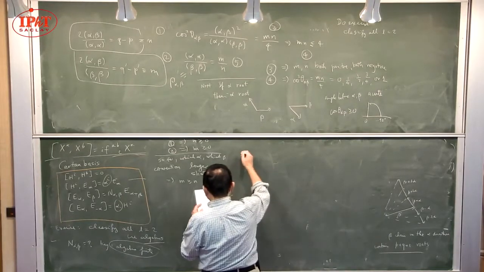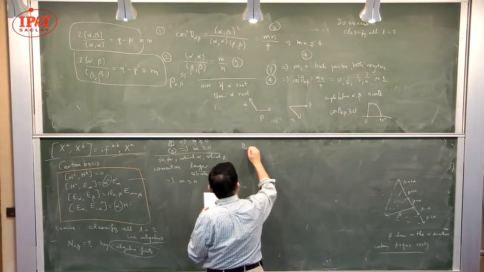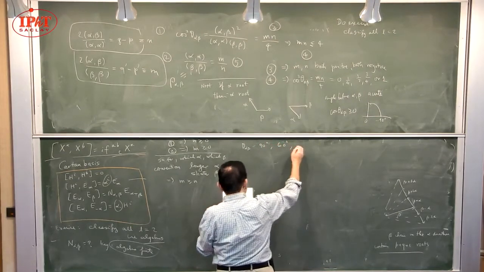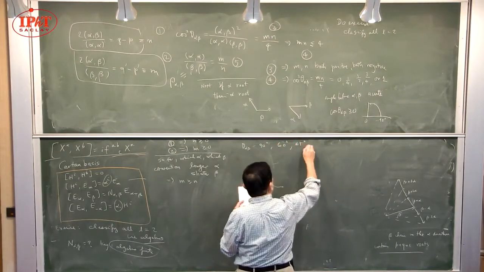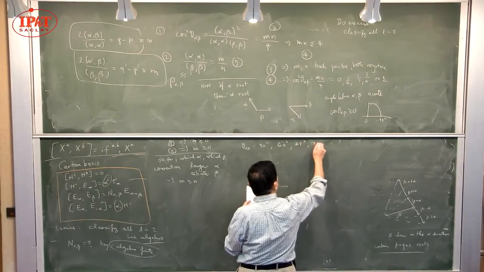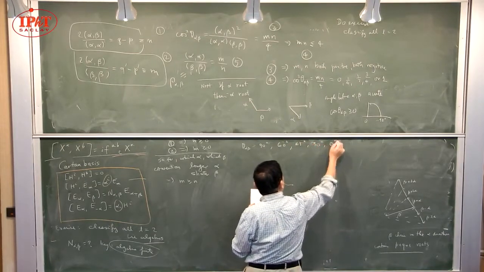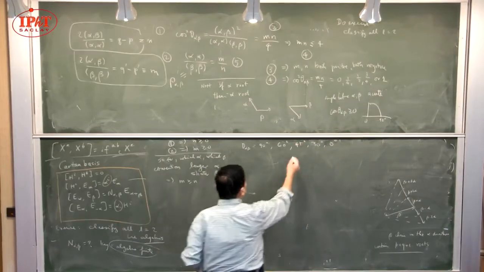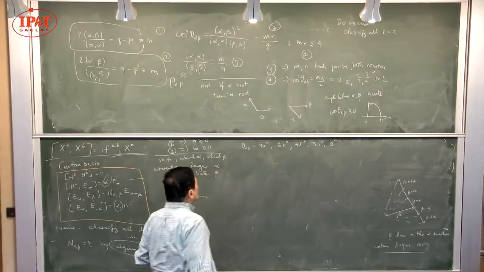According to that, theta alpha beta can then be 90 degrees, 60 degrees, 45 degrees, 30 degrees, and 0 degrees. And these are the ones we learned in elementary school. It's nice. Okay.